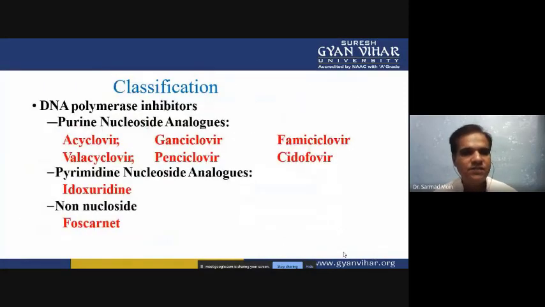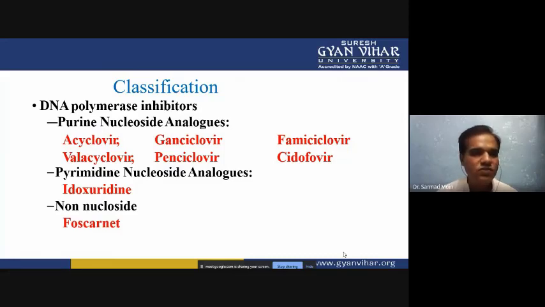Then classification: if we see, DNA polymerase inhibitor type of drugs are there. These drugs will inhibit the DNA polymerase so that the DNA polymerase will not help in the replication of viruses. When replication of the virus DNA or RNA does not happen, the virus can't synthesize new viruses, and we can stop the viral infection.